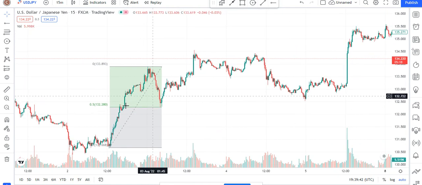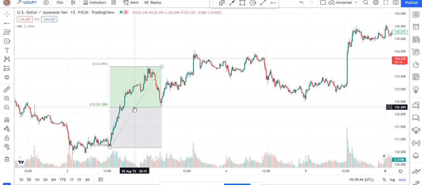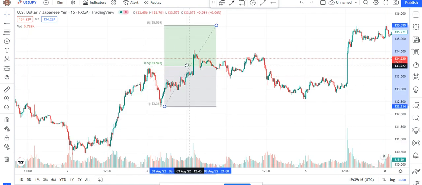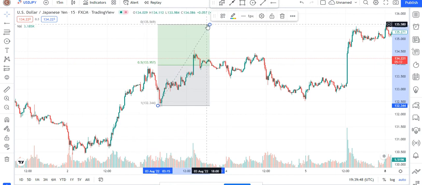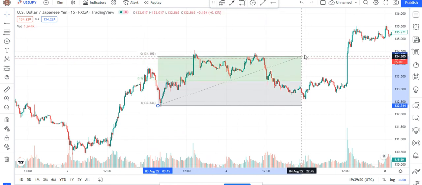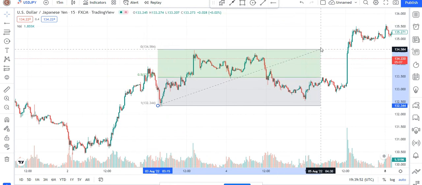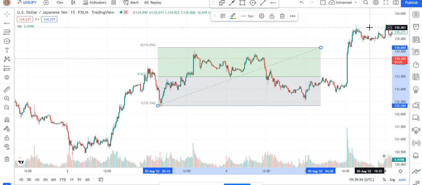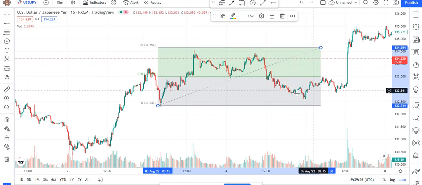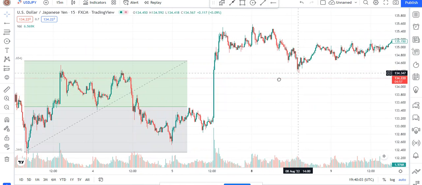So new range here again, from here to here. We got into discount and the new range started. If you got in somewhere around the discount area, you would have made money in this case as well. That's just how it works.